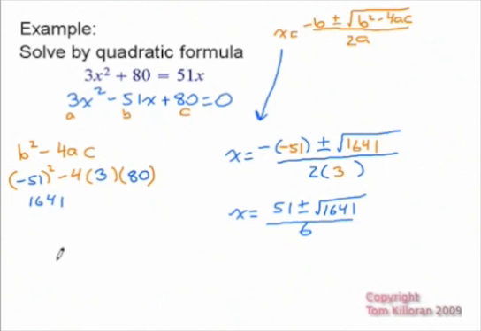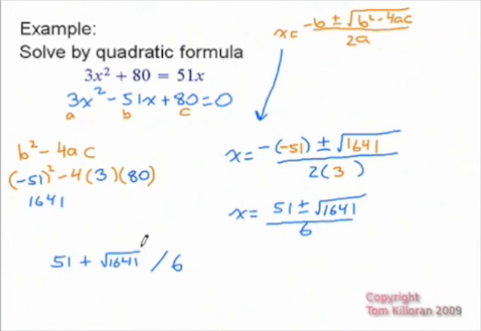So in your calculators, if you have the front notation one, you are going to want to calculate out the quadratic formula. The problem is, if you type this in, you will get the wrong answer, because the calculator is going to do order of operations. It'll do the square root divided by 6, and then it'll take that answer and add on the 51.